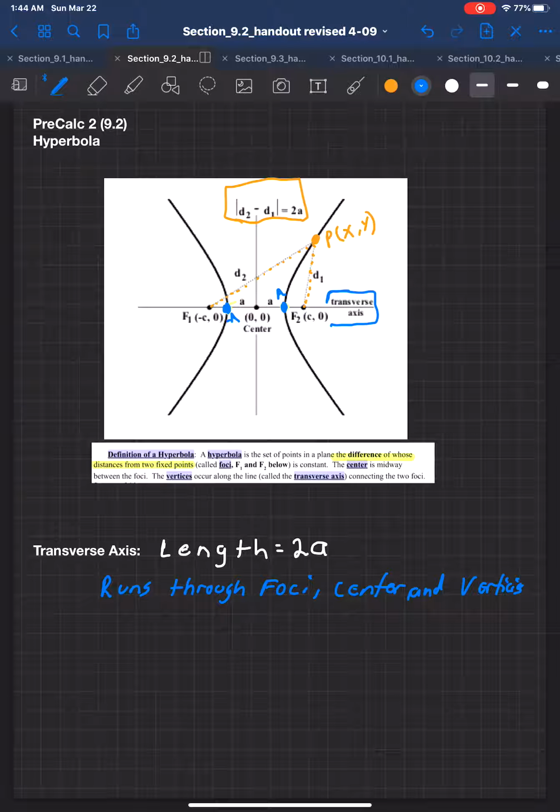And the length, well, let me erase that statement for just a second.